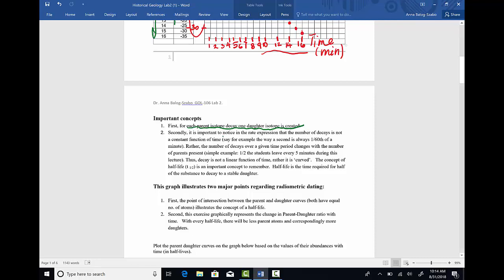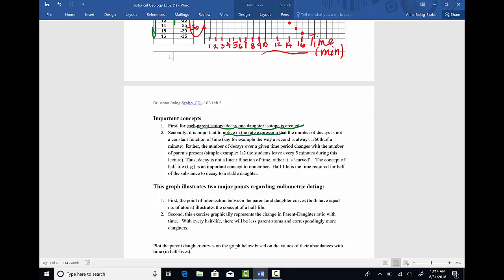you have to notice that in the rate expression, the number of decays is not a constant function of time. Rather, the number of decays over a given time period changes with the number of parents still present in the sample. So there is a very simple example.